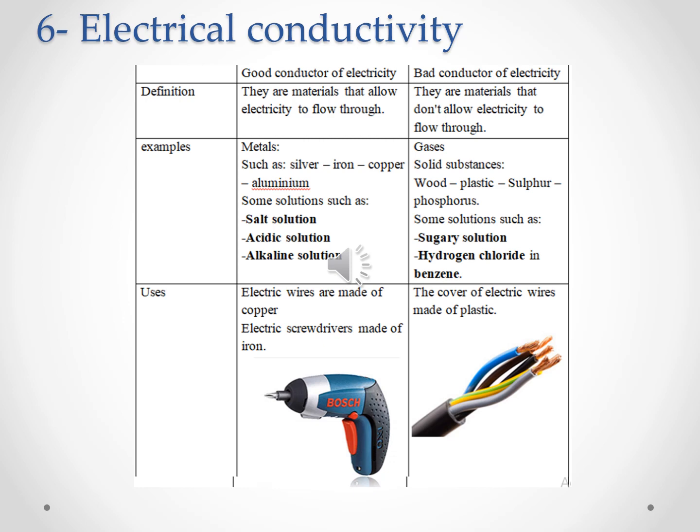If we put hydrogen chloride in benzene, this mixture will be a bad conductor of electricity. Take care, this question is very important. If I ask you to complete: the solution of hydrogen chloride in dots is a bad conductor of electricity, it will be benzene.